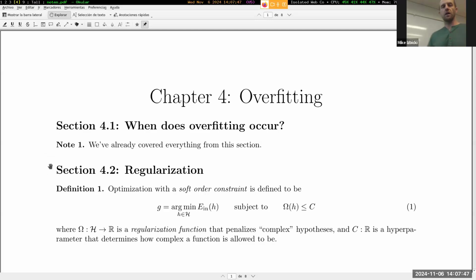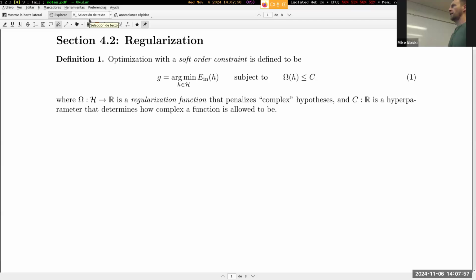The main thing that we're going to talk about for this chapter is section 4.2, which is regularization. And there's going to be at least 3, maybe 4 equivalent ways of talking about regularization, and they are all going to tie back into each other, kind of doing the same thing somehow.